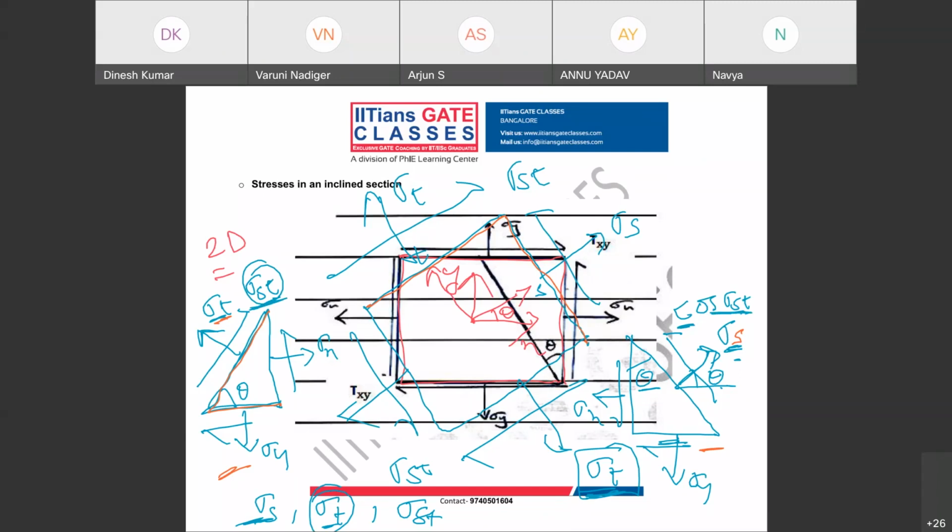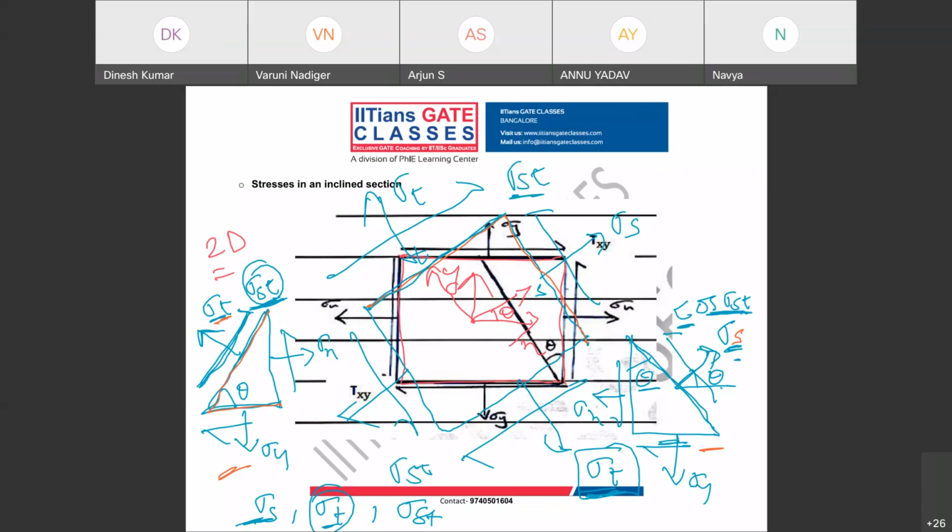On this inclined plane, what is your shear stress? On this inclined plane, what is your shear stress? Are these the same or different? Different, Priyansh, is it different?